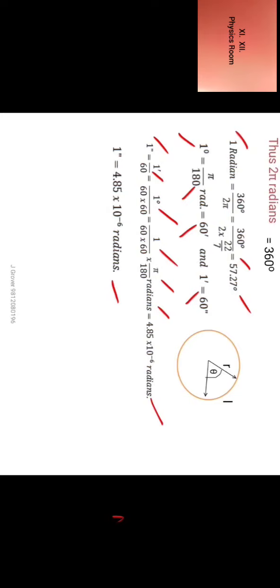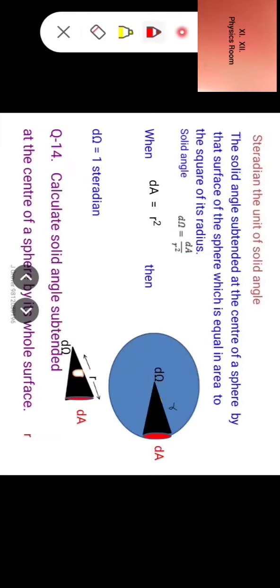Now we come to steradian. The solid angle subtended at the center of a sphere by that surface of the sphere which is equal in area to the square of the radius. So solid angle d omega is equal to dA by r square.